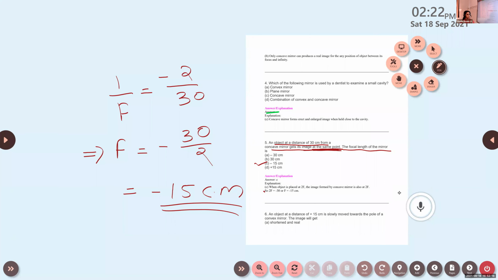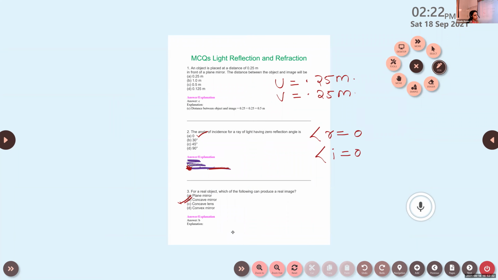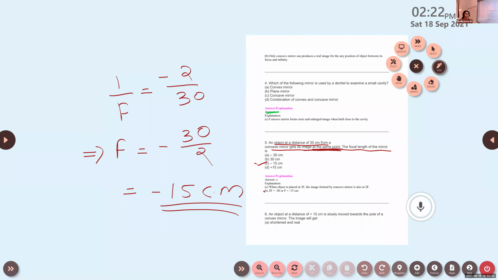Now we have the sixth question. An object at a distance of plus 15 centimeter is slowly moved towards the pole of a convex mirror.